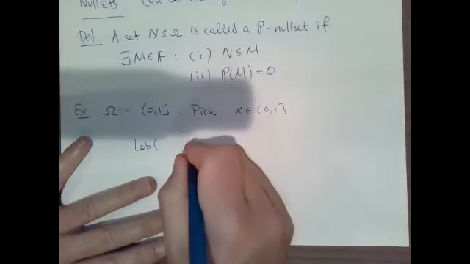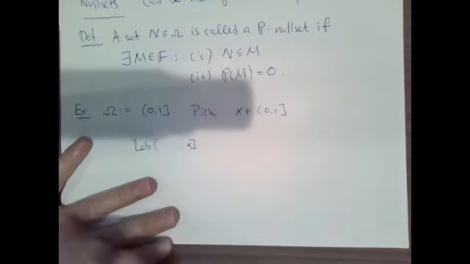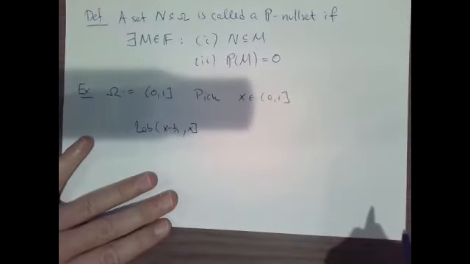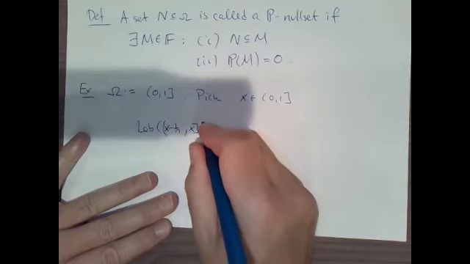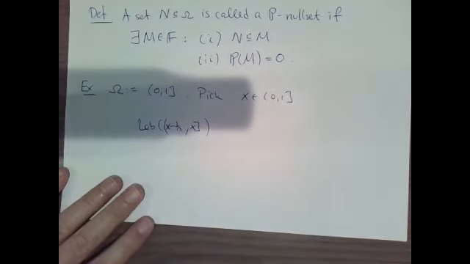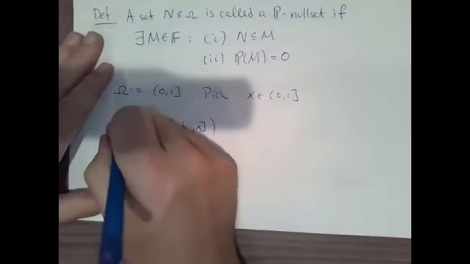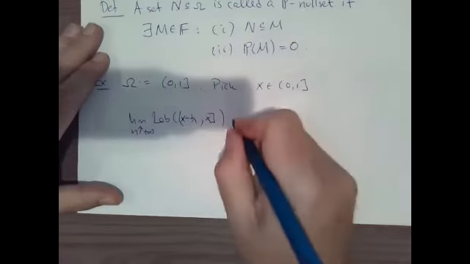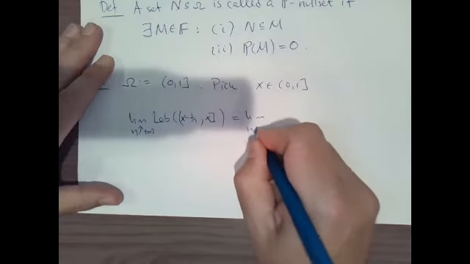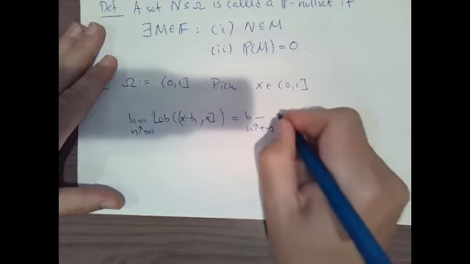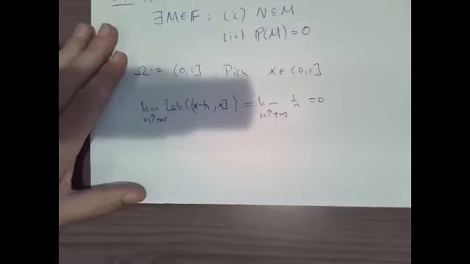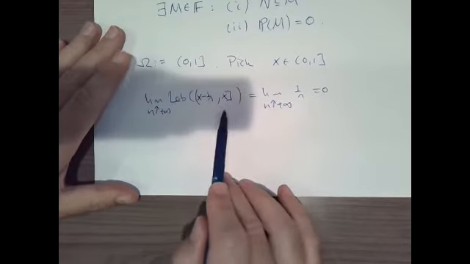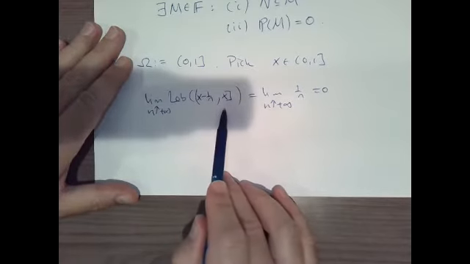We take x and subtract away a little bit, minus 1 over n. So I'm looking at the Lebesgue measure of the interval from x minus 1 over n to x, and I'm interested in computing the limit as n goes to infinity. We did this calculation: this is the limit as n goes to plus infinity of 1 over n, so this is 0. We had a result that says that these nested sets get smaller and smaller.